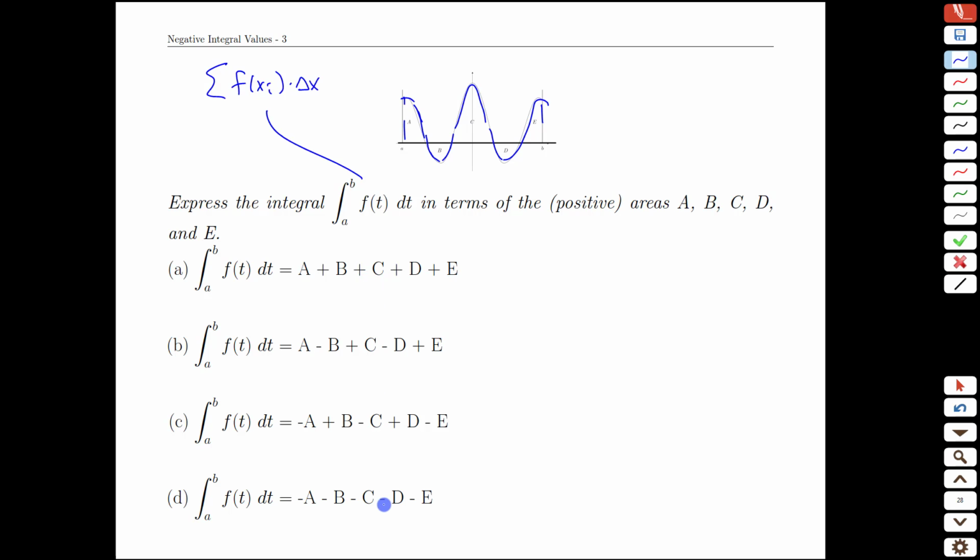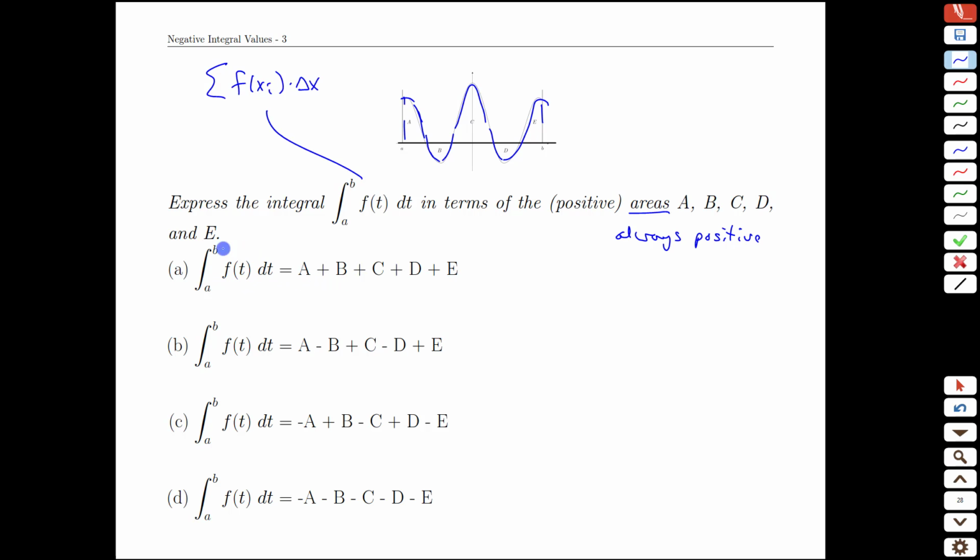Take a look at these values, and remembering that when we talk about areas, areas are always positive. We'll never say -3 square meters. So areas are always positive, but we might subtract them from something else, and that's a legitimate way to phrase the sentences.